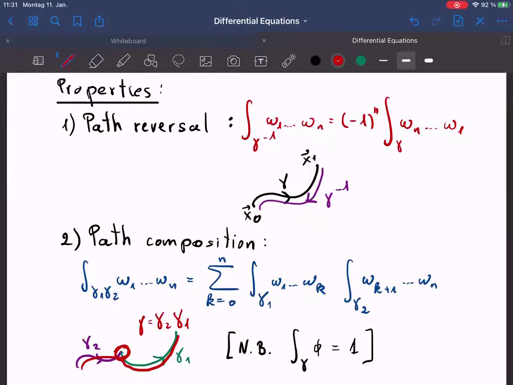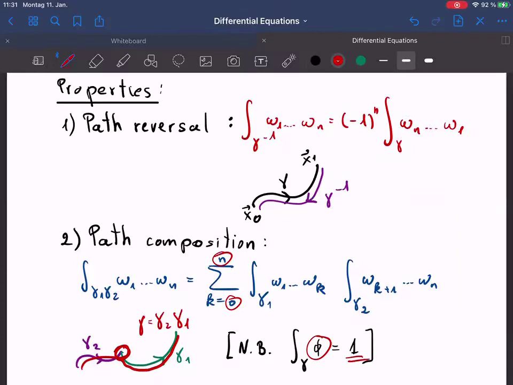And if you look carefully, you see that there's a contribution here from k equals 0 and k equals n. Whenever you have an iterated integral without any differential form inside, you just by convention put it to 1. So that's what the endpoints of this summation are.